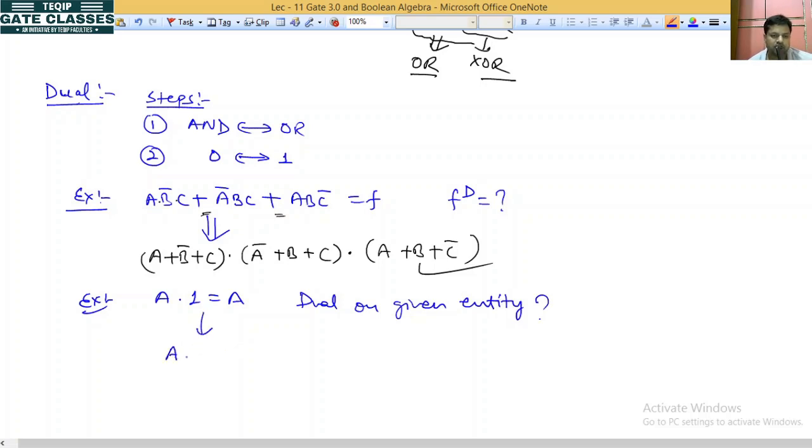It will be a, in place of dot we will place OR, and in place of 1 we will place 0, because if you have 0 then you have to replace it with 1, if you have 1 then you replace it with 0, okay? And equal to a. So this will be the dual of this function.